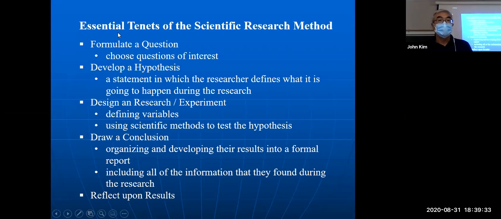So the first step is to formulate the question from developing the problem, and then the question why, then develop a hypothesis, a statement. A hypothesis is a statement. Decreased sales, so the question is why, and then the hypothesis.